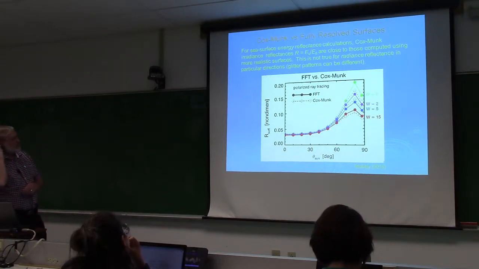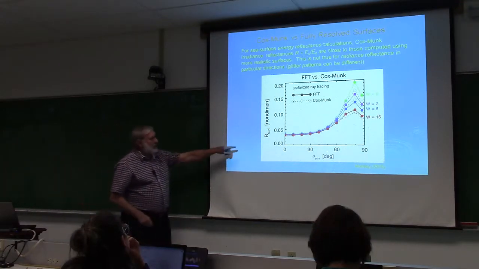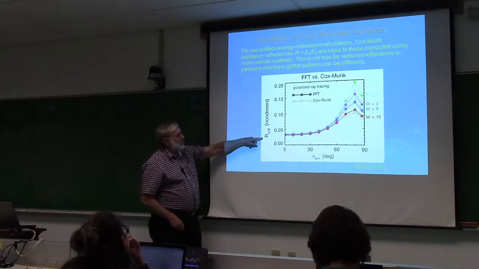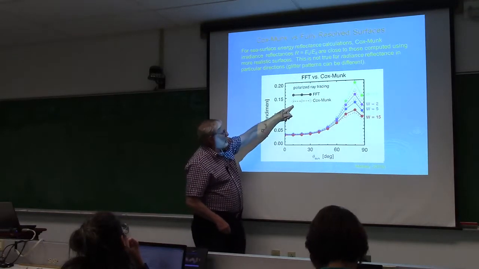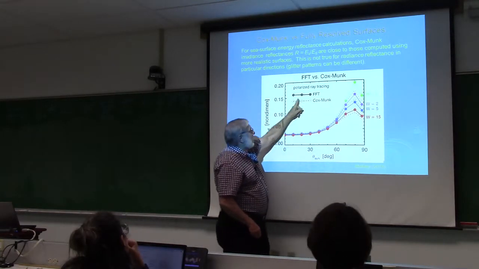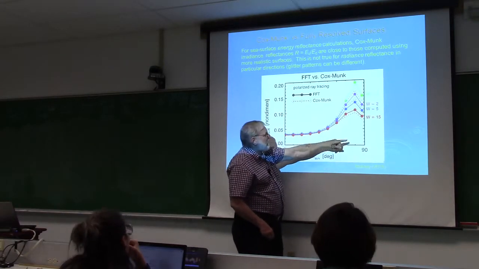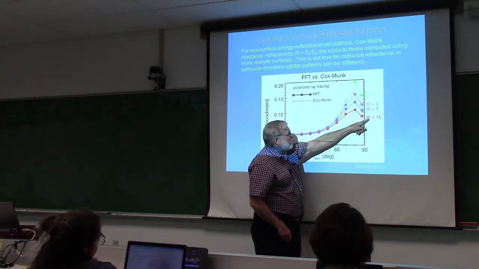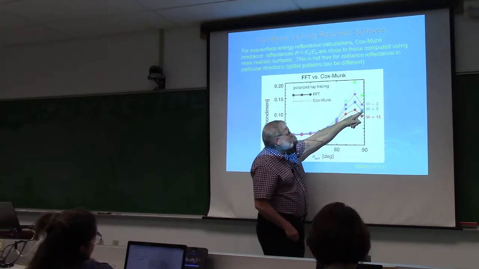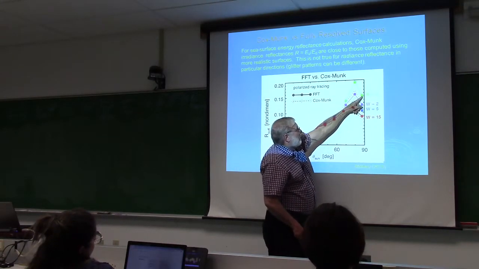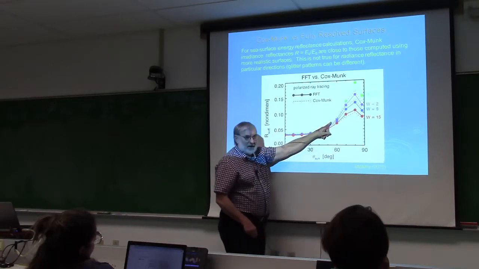Now, here's just a comparison of the irradiance reflectance of the surface using Cox-Monk with the open symbols and the full-blown Fourier transform stuff with the solid symbols. And here's like a wind speed of 15, wind speed of 5, 2. For wind speed of 0, they're identical.